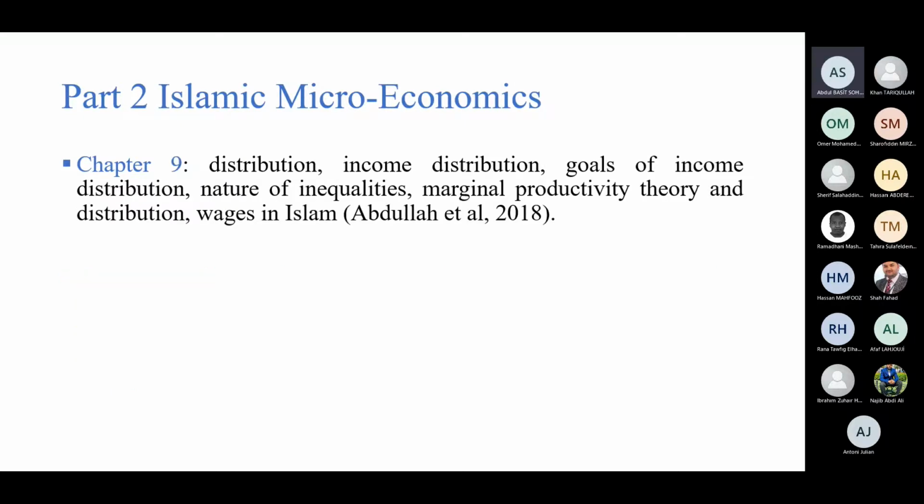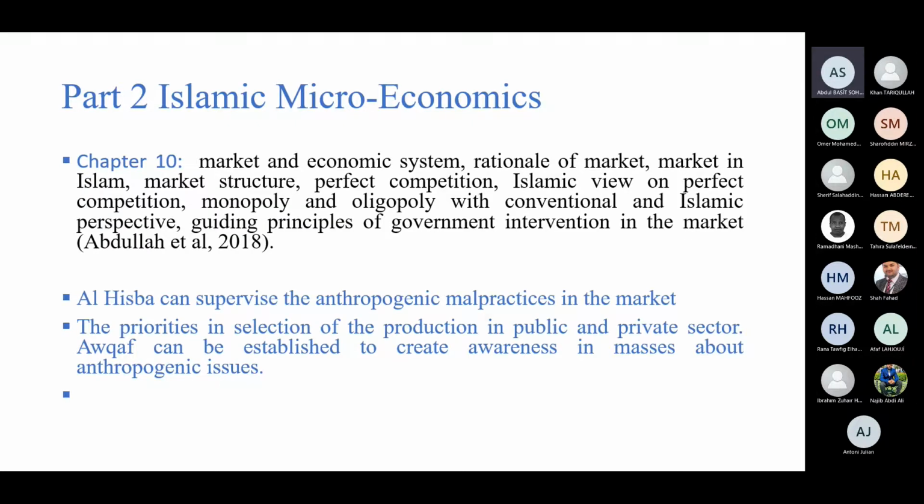In chapter 9, it talks about distribution, income distribution, goals of income distribution, nature of inequalities, marginal productivity theory and distribution, wages in Islam. In chapter 10, the book mentioned market and economic system, rationale of market, market in Islam, market structure, perfect competition, Islamic view on perfect competition, monopoly and oligopoly with conventional and Islamic perspective, guiding principles of government intervention in the market.